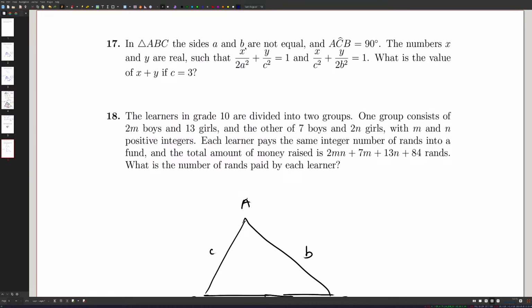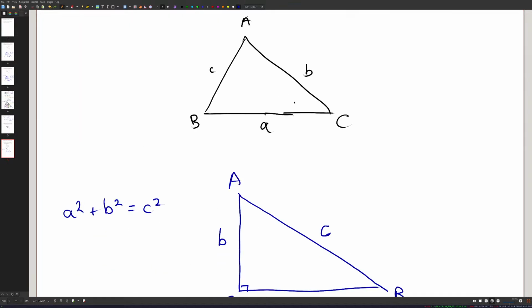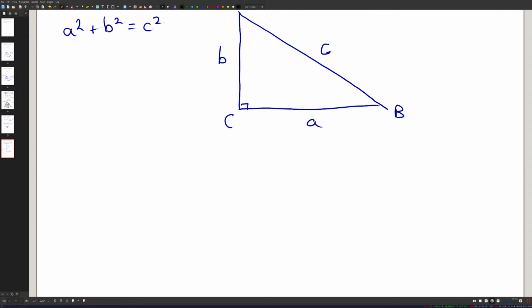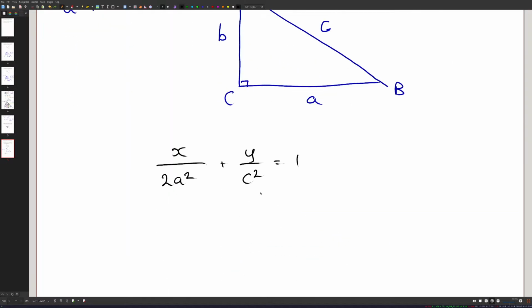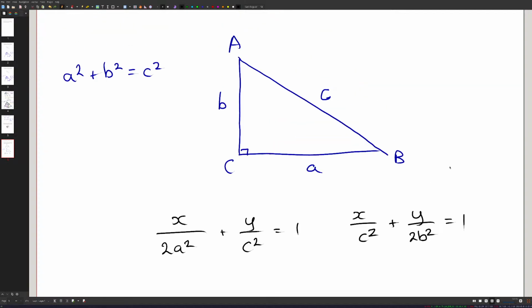Anyway, we have A and B are not equal, so those angles are not 45 degrees. The numbers x and y are real, such that x over 2a squared plus y over c squared equals 1, and x over c squared plus y over 2b squared is also 1, I take it.